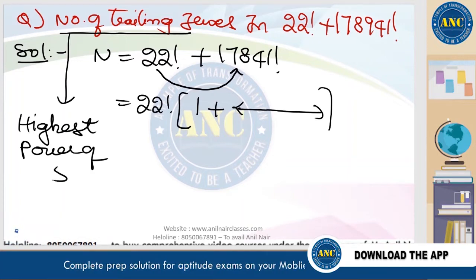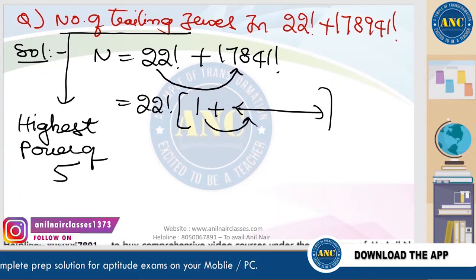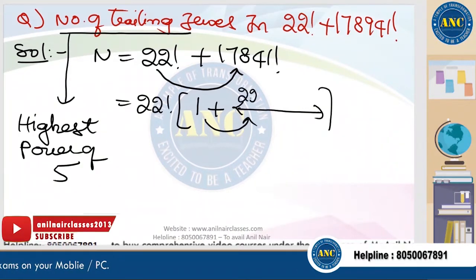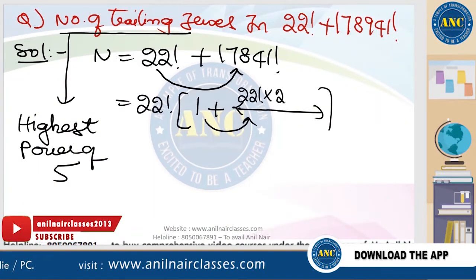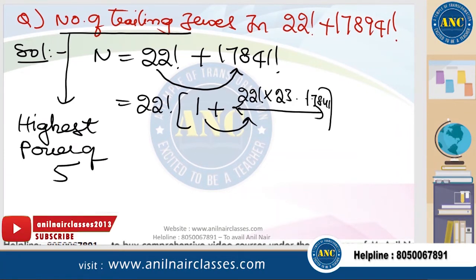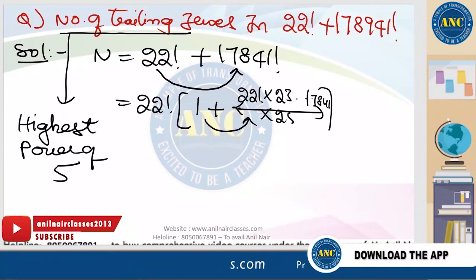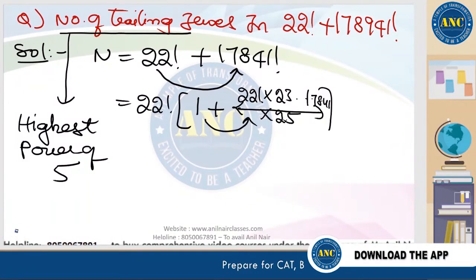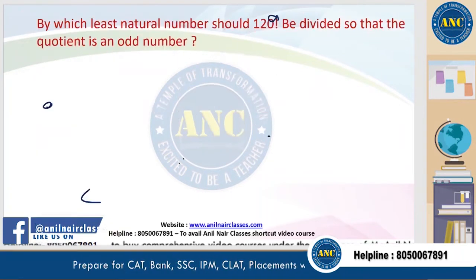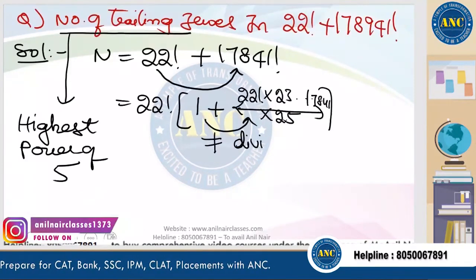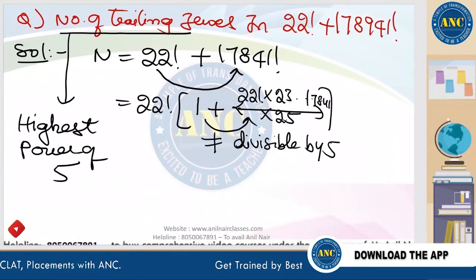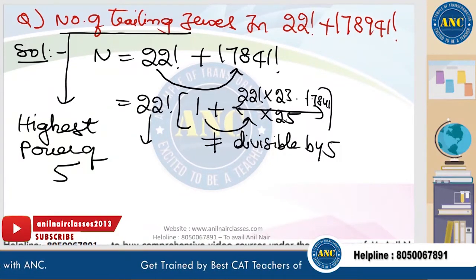So here, if you observe, 22 factorial into 23 and so on up to 178941, we will get 25. 25 is divisible by 5. So 5 times something plus 1. This number is not divisible by 5. That means this is the highest power of 5.